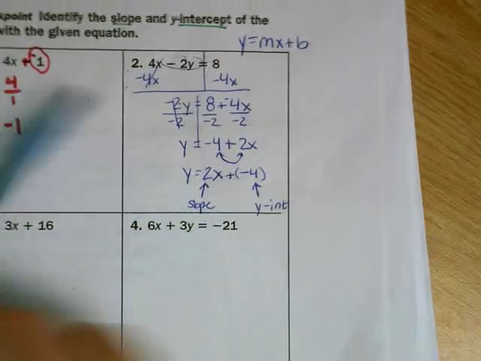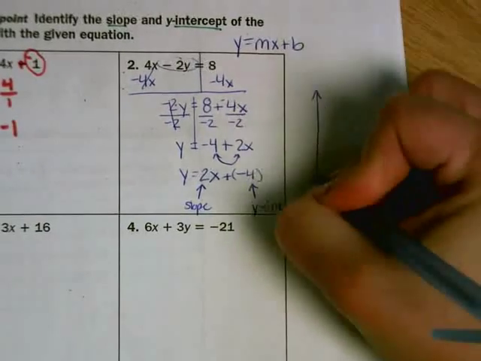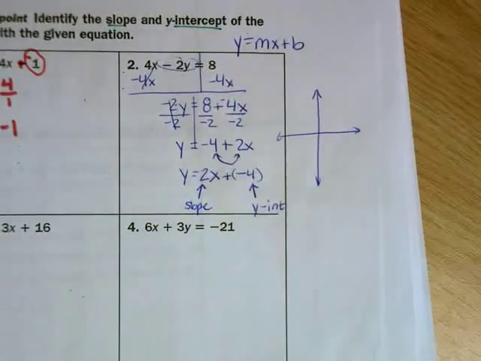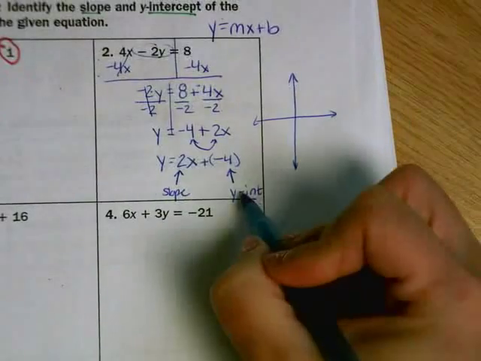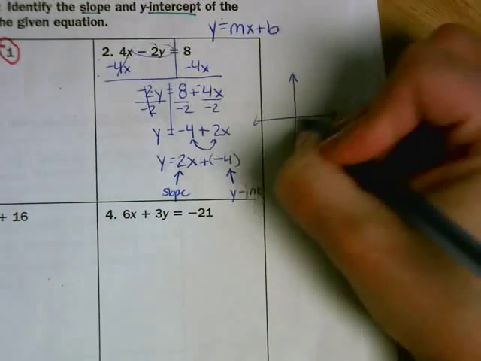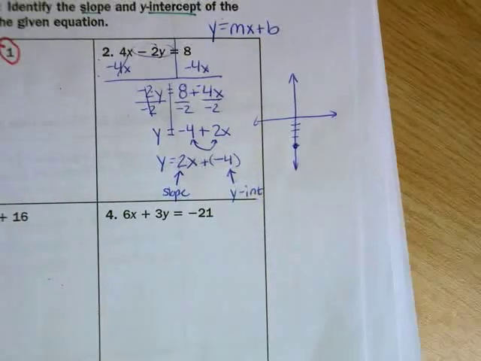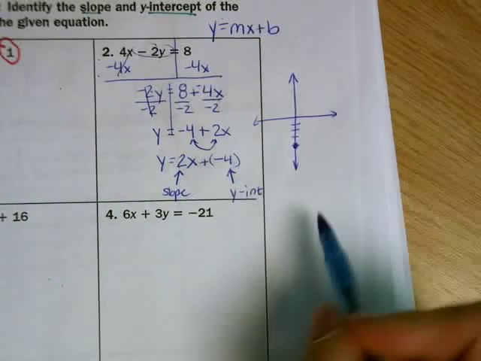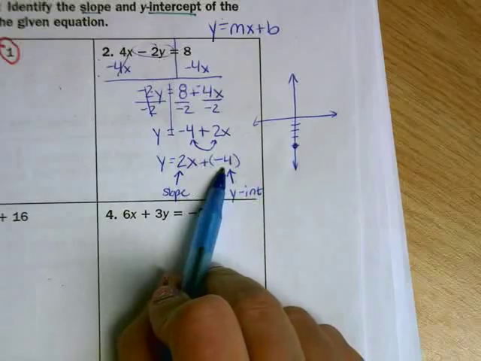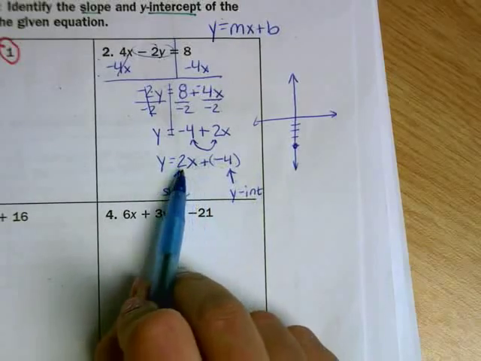Now, if we were to graph this, just a quick reminder, I'm going to make my own quick graph here. What would I begin with? I want to begin with the b, the y-intercept, and I'd go down to -4 and put my dot there because I know this line hits the y-axis at -4. And then from there, I could count the slope.